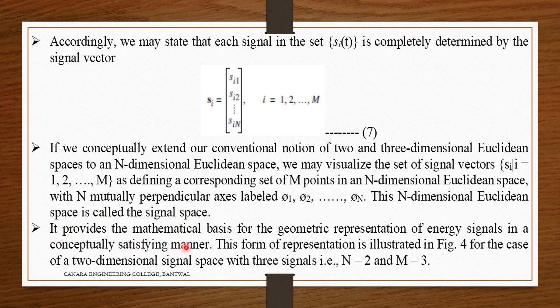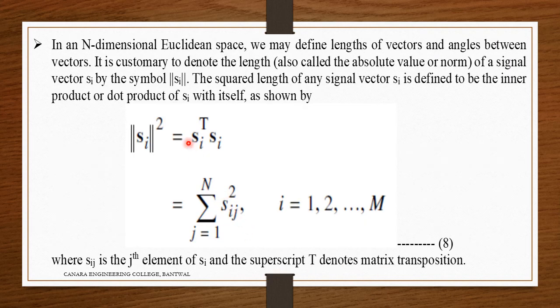It provides the mathematical basis for the geometric representation of energy signals in a conceptually satisfying manner. This form of representation is illustrated in figure 4 for the case of a two-dimensional signal space with 3 signals, that is, N equals 2 and M equals 3.